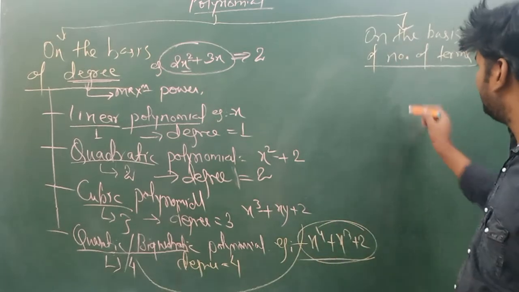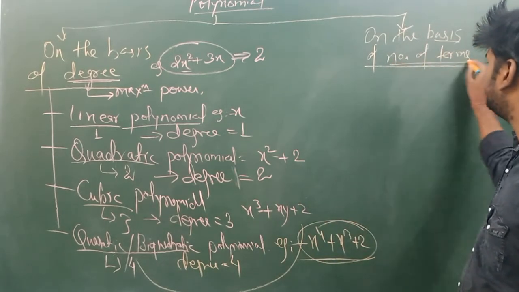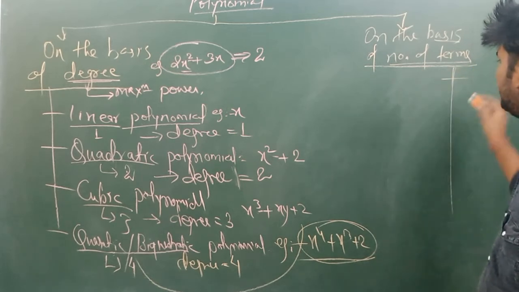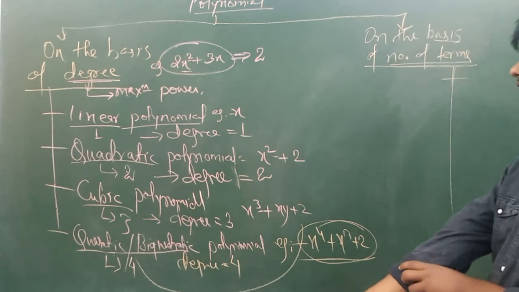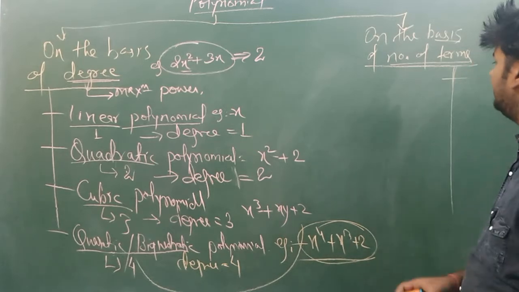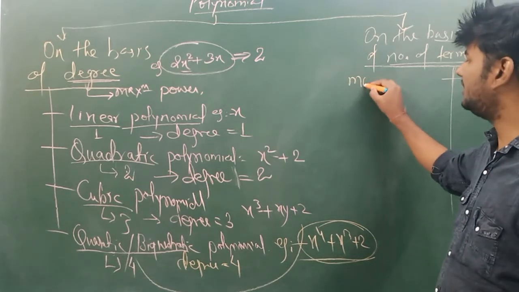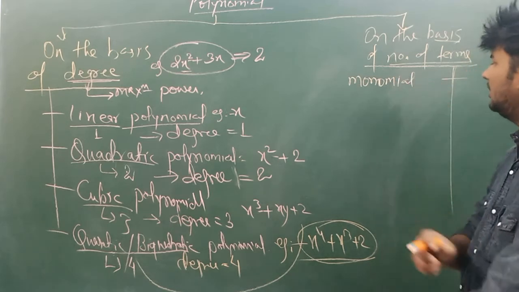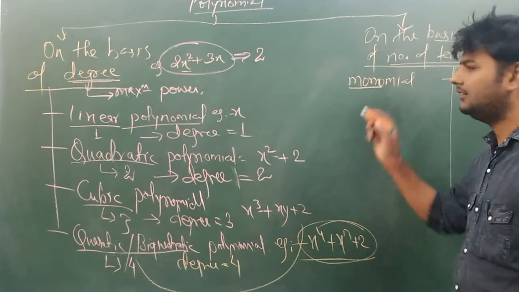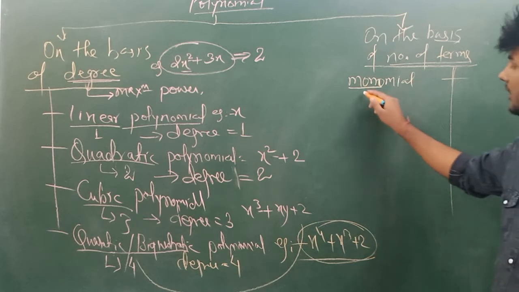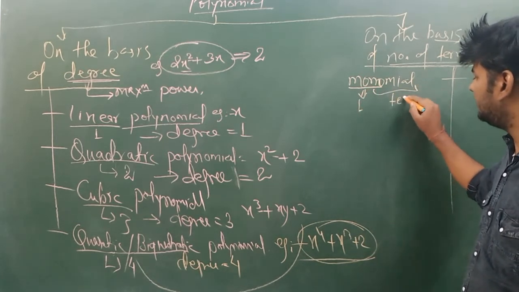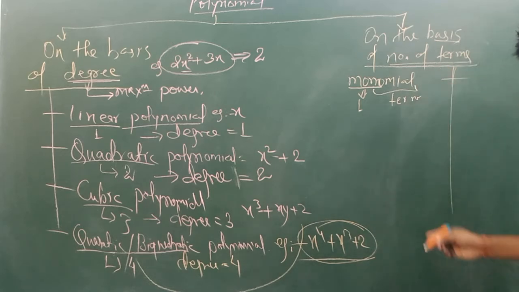Now let us discuss on the basis of number of terms. On the basis of number of terms, we have several types of polynomial. The first one is monomial. Here the prefix mono represents 1 and nomial represents terms, as we discussed earlier.